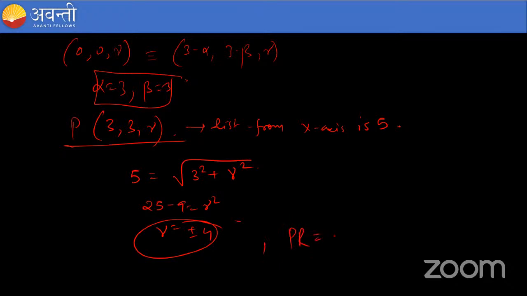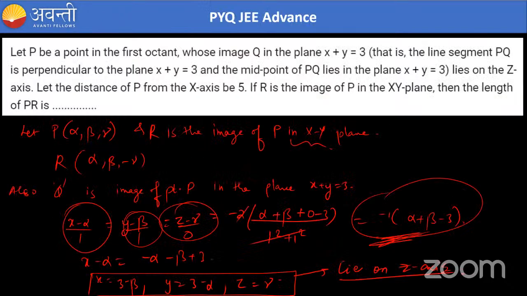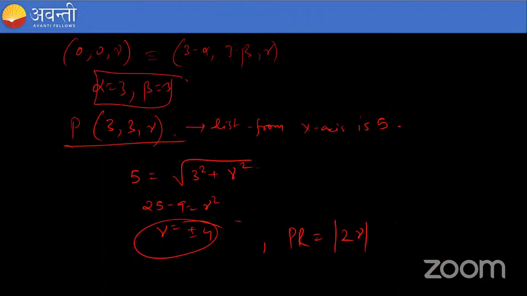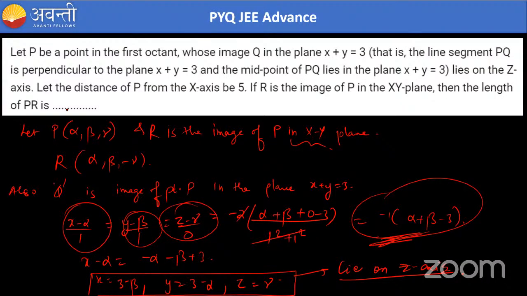Then PR will be equal to mod of 2 times gamma, because R is the image of P in the xy plane. So this will come out to be mod of 2 times 4 or minus 4, which will obviously be equal to 8. Right, guys? So the answer to this question is 8.